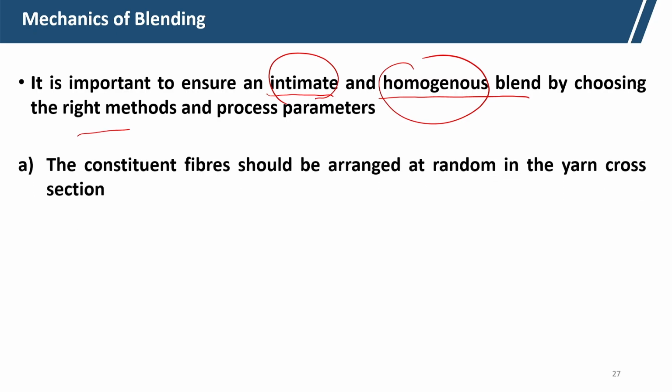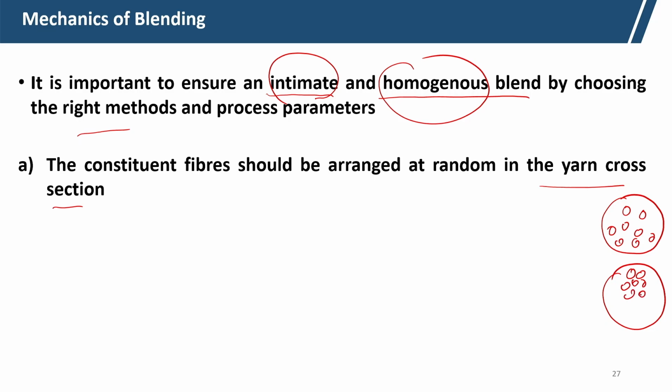The constituent fibers should be arranged randomly in the yarn cross section. So, in the yarn cross section, suppose this is one fiber, and there are two fibers, red and green.